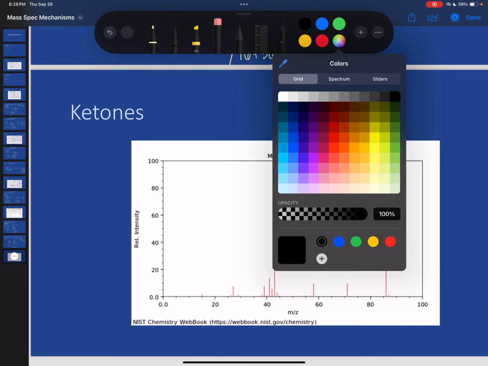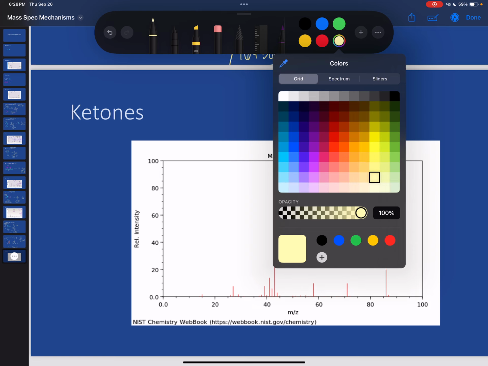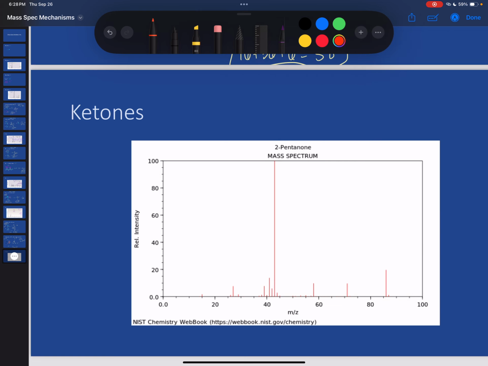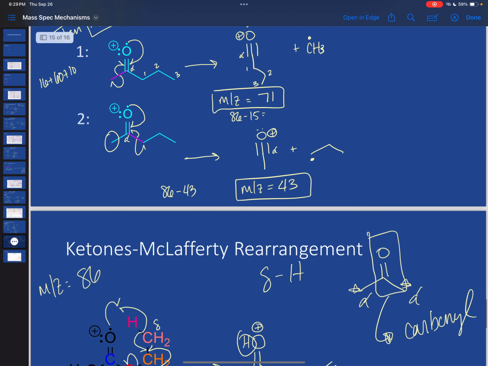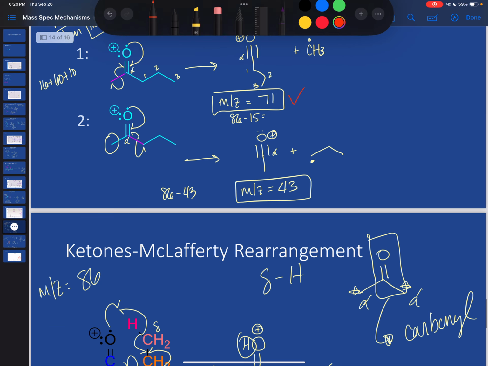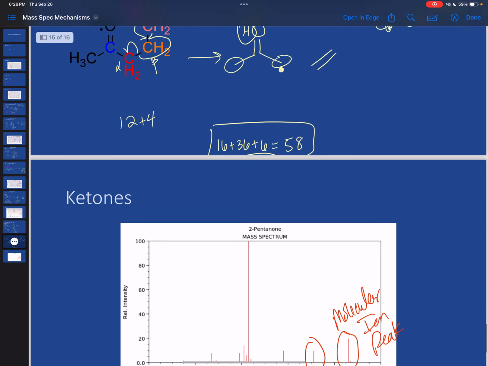Okay, so let's see. We have our molecular ion peak here. Then, okay, what's this guy above 70? Let's see. Oh, that is going to be from my alpha cleavage here. So that is the alpha cleavage.